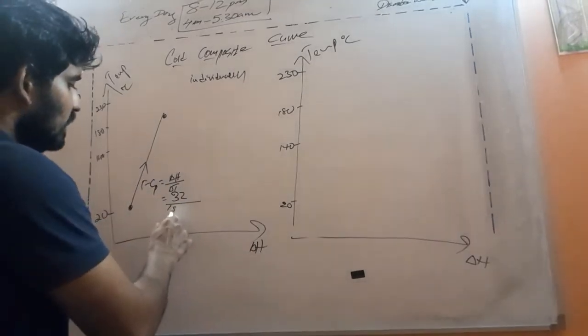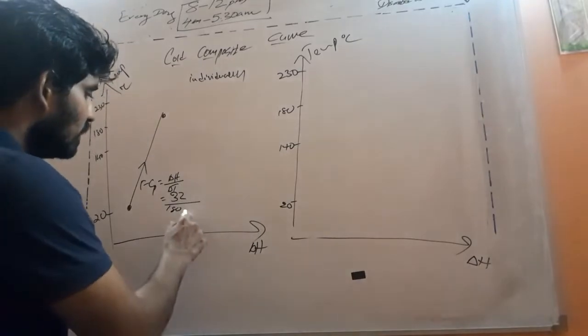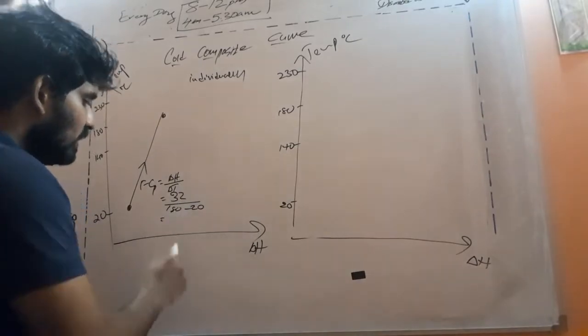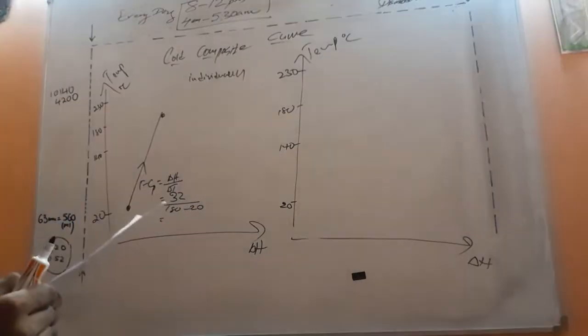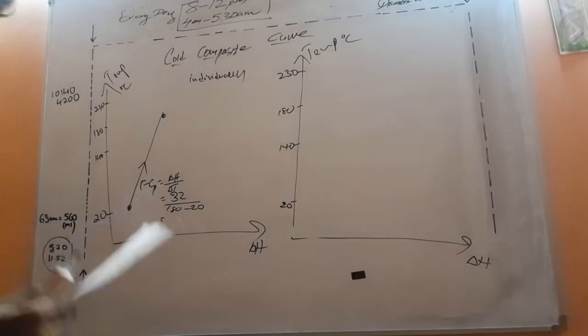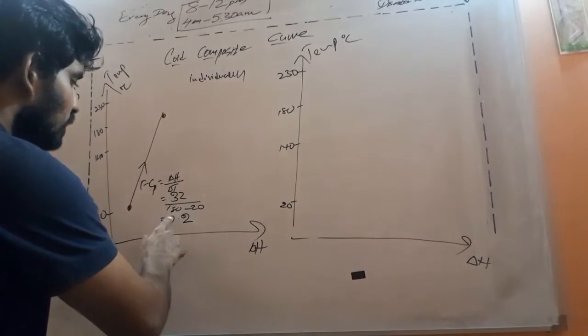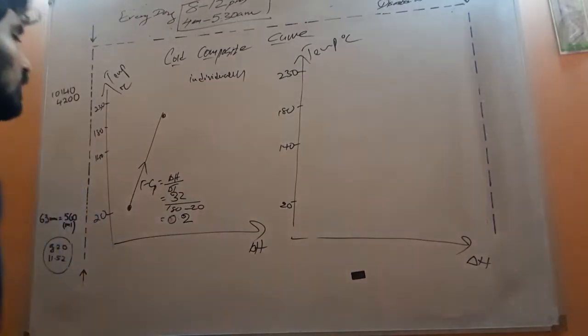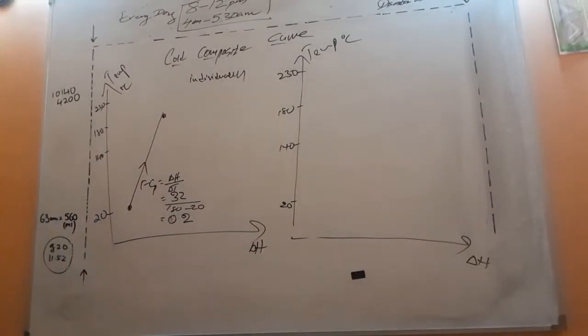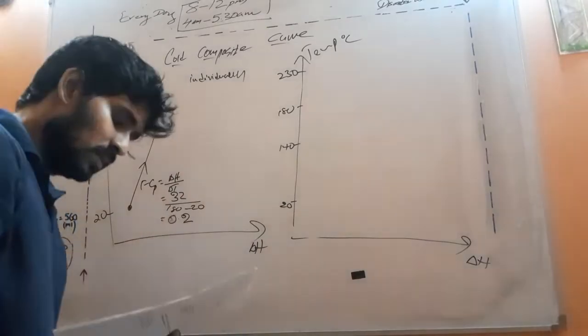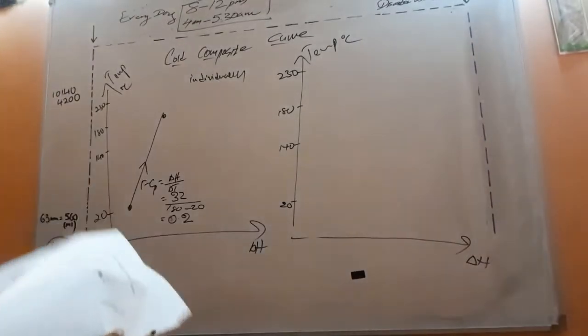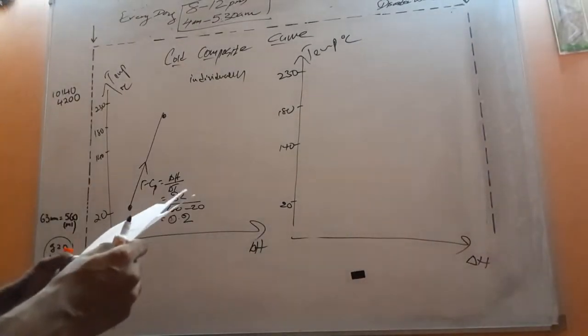Target is 180, supply is 20. So 32 divided by 180 minus 20, I think that value is 0.2. So the FCP value is 0.2.